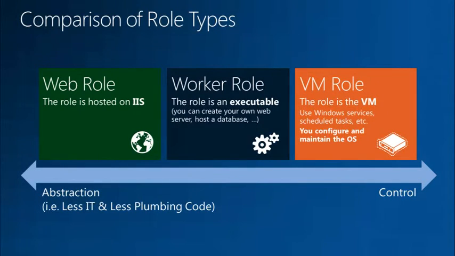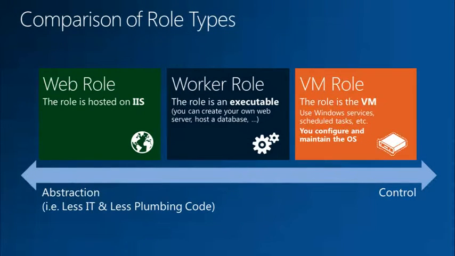A worker role is more like a Windows service. You could think of it that way. It doesn't necessarily have an internet endpoint. It could just be doing a bunch of background processing. It could be managing asynchronous things coming from multiple different applications or services. The web role that's interacting with your customer could be dumping work items into a queue, and the worker role could be coming along and pulling those things out of the queue and doing things with them.